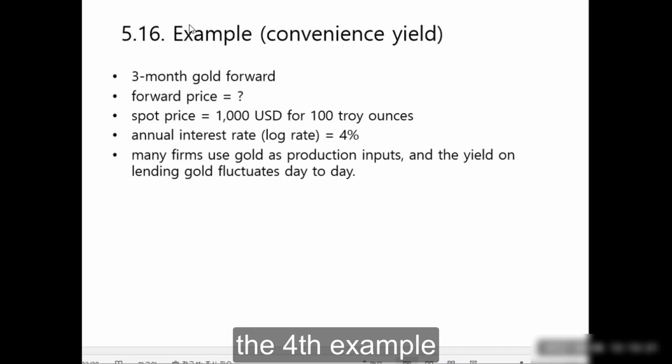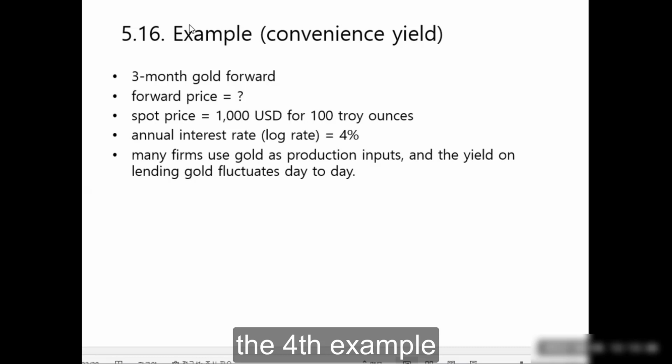You just need to buy it when you need it. The situation we are considering is a bit different. If you are a manufacturer, but you don't know when you will need gold, you want to have some extra gold in your storage just in case you need to use it immediately.